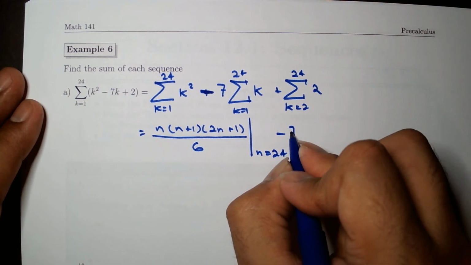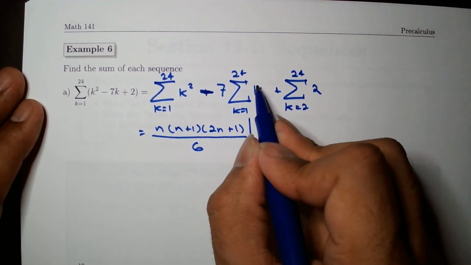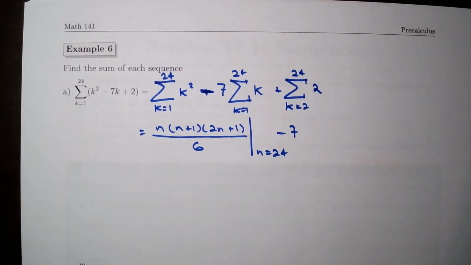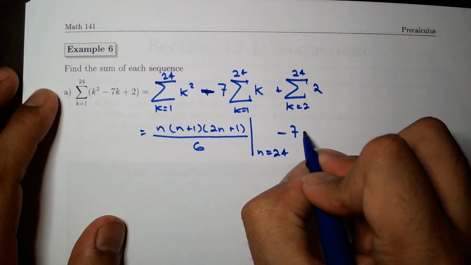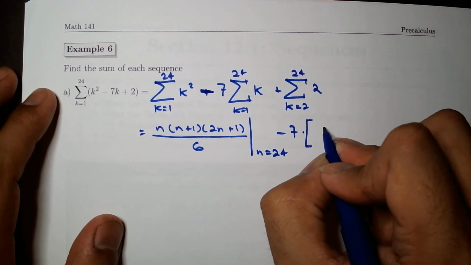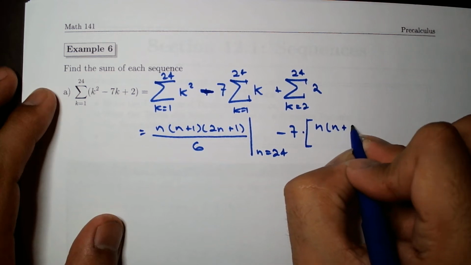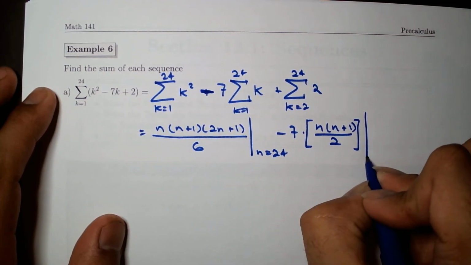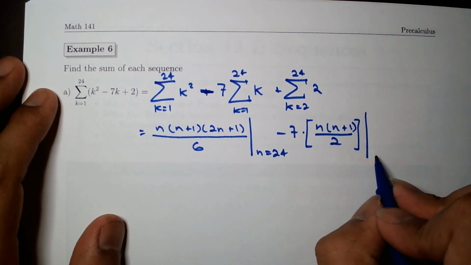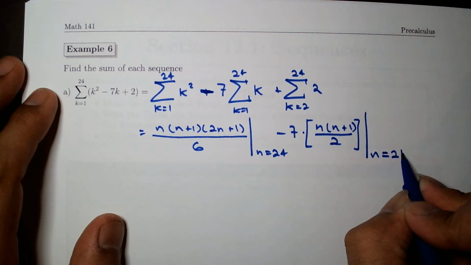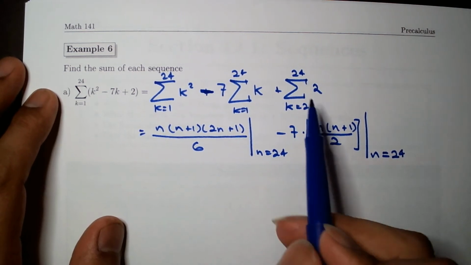Minus 7 times the sum of the integers, which in this case is n times n plus 1 over 2. Again I put the bar to denote that it's evaluated at 24.